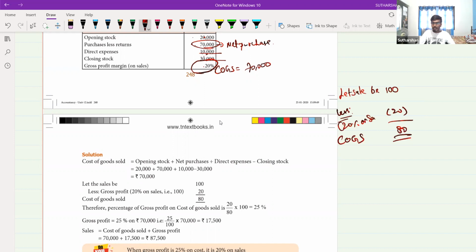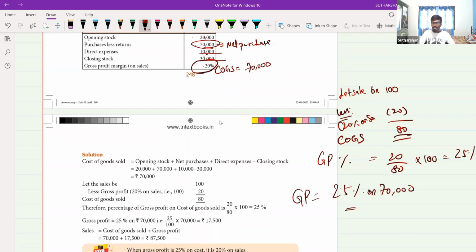So the gross profit percentage is 20 by 80 into 100, which gives 25%. So GP is 25% on 70,000, which is 17,500.